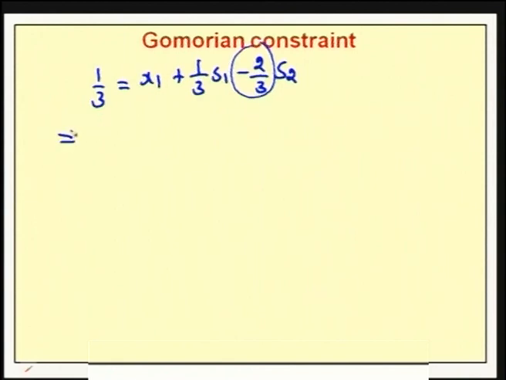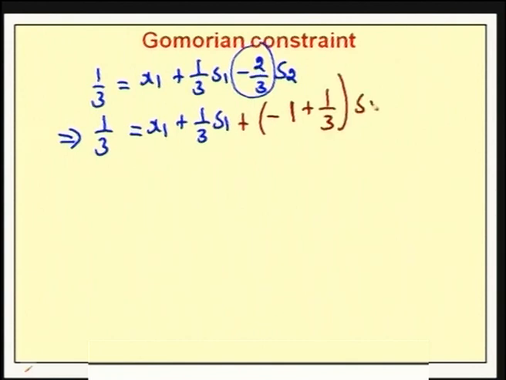Therefore, this equation can be written as 1 by 3 equal to x1 plus 1 by 3 into s1, and now I will write this as minus 1 plus 1 by 3 into s2.